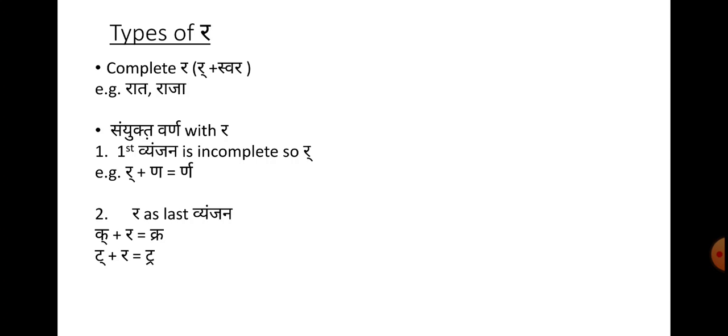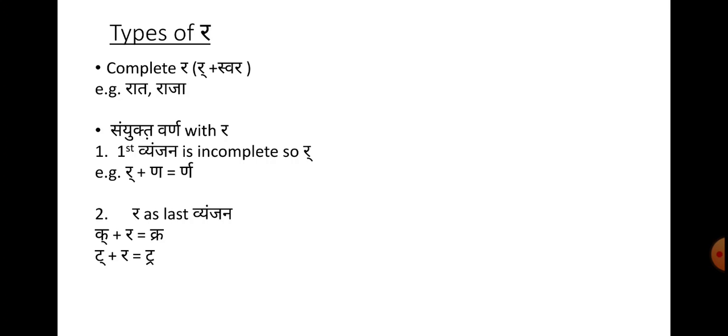Vyanjan adhik any swar, a, e, likewise. So simple complete R means R adhik some swar, any swar. Okay, so examples are here: Rat, Raja. Here Rat, Ra, how is it formed? R Vyanjan adhik A swar.